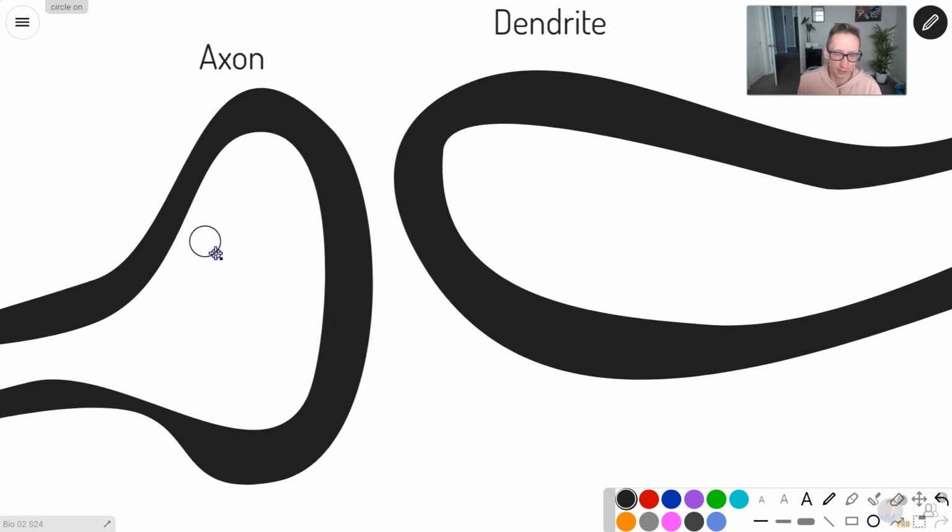All right, so we got little things called vesicles. I don't know if you remember these. Good old vesicles. And these guys are full of, let's say, a little molecule, a little, let's say, protein. And that little protein is called a neurotransmitter. All right?